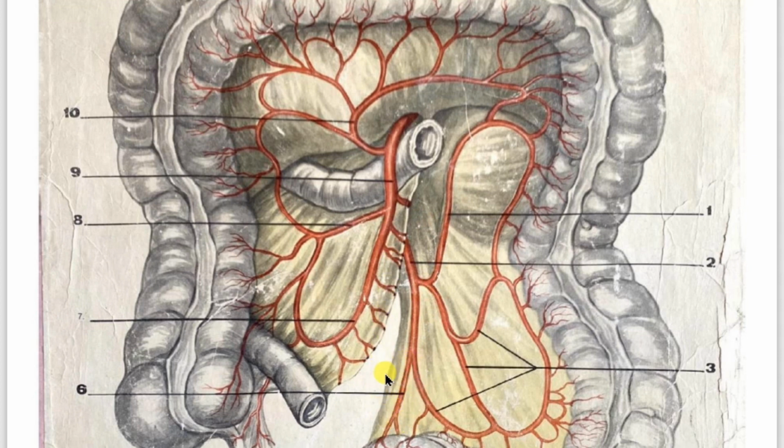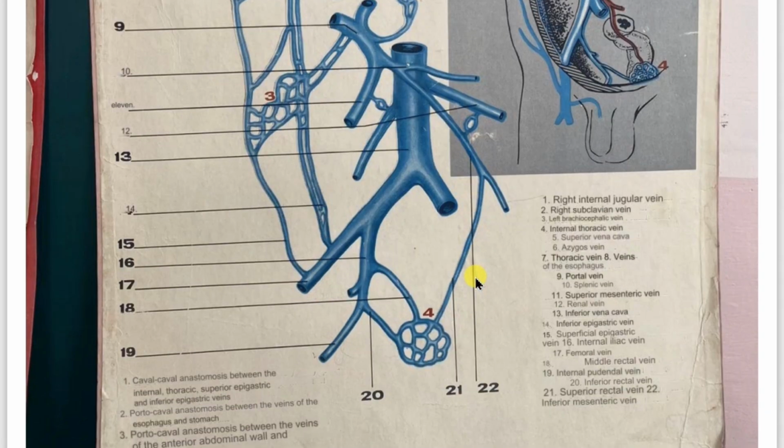Okay, this is the superior rectal branch. Next we have to recognize the inferior mesenteric vein. This is the inferior mesenteric artery, and on this poster you can observe the inferior mesenteric vein.